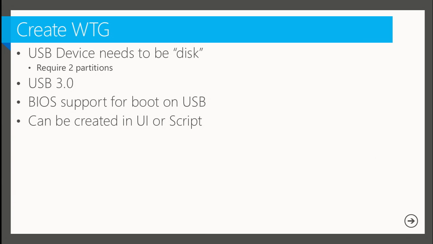And that is the number one most important thing. It doesn't matter what kind of USB stick you have, it's never going to work because you need two partitions. And you cannot, in Windows, create two partitions on a USB stick, on a thumb drive. You need to have a disk to make two partitions.